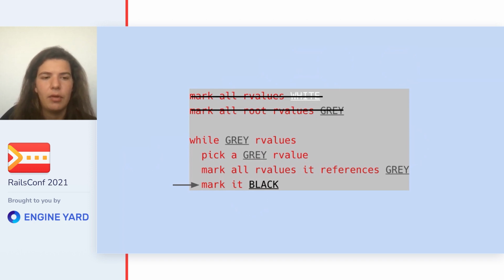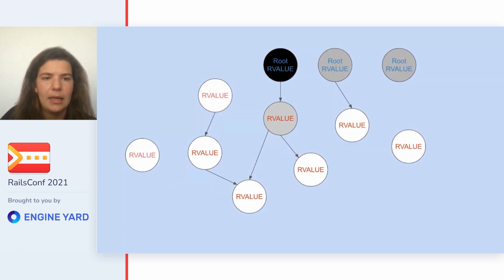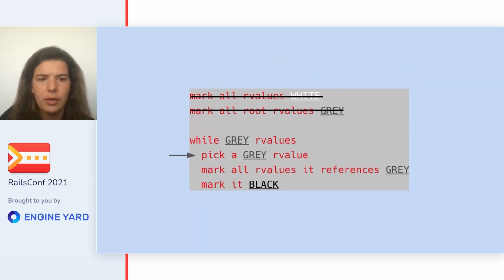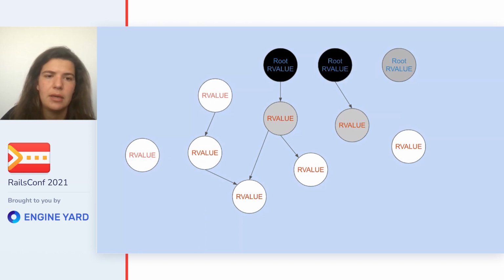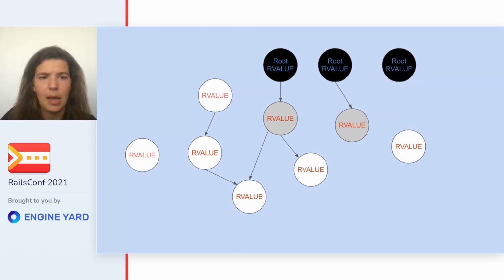And then mark the original R value black. Okay, done that. While gray R values, pick a gray R value. Next one, mark all the R values it references gray. Great, mark it black. Okay, keep going. Pick a gray R value, doesn't reference anything, mark it black.